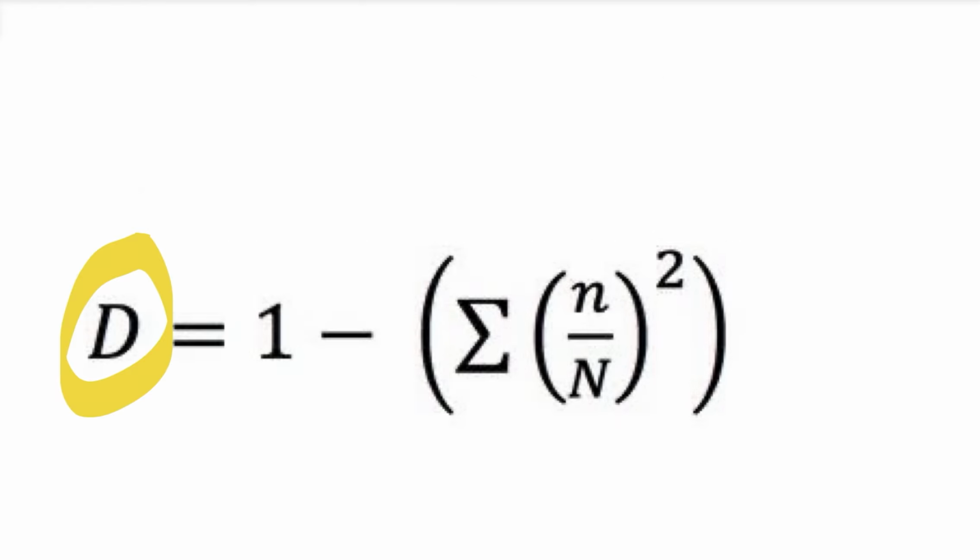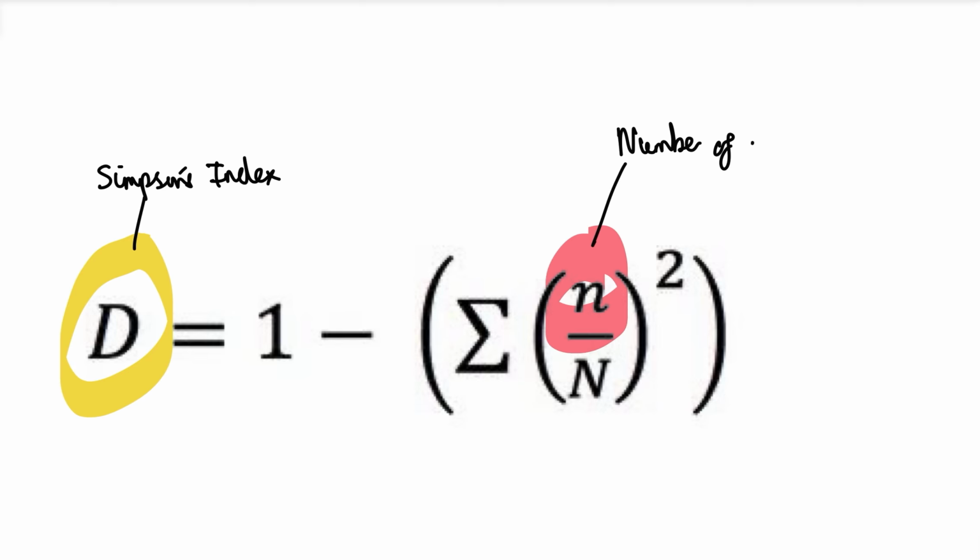D represents Simpson's index. Lowercase n represents the number of organisms in one species.